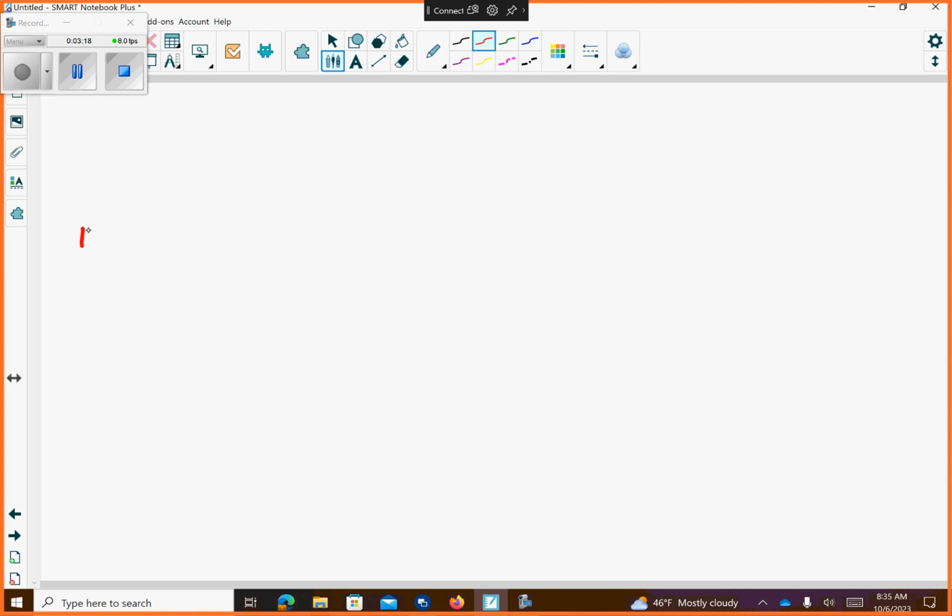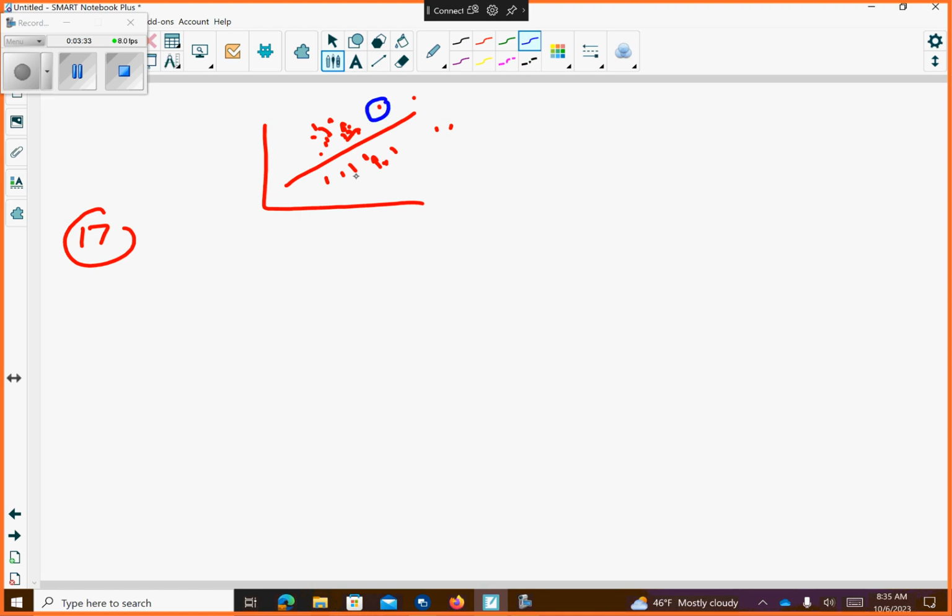Okay, so 17. If you had this as your data, it kind of looks like that. So would you rather be this value up here or this value down here? So this is pay versus win. So the more you pay, the more you win.